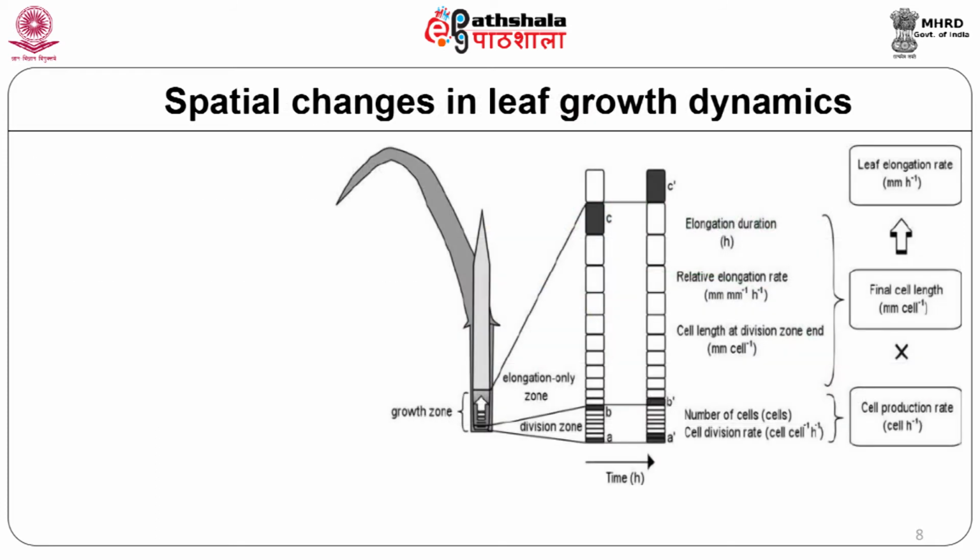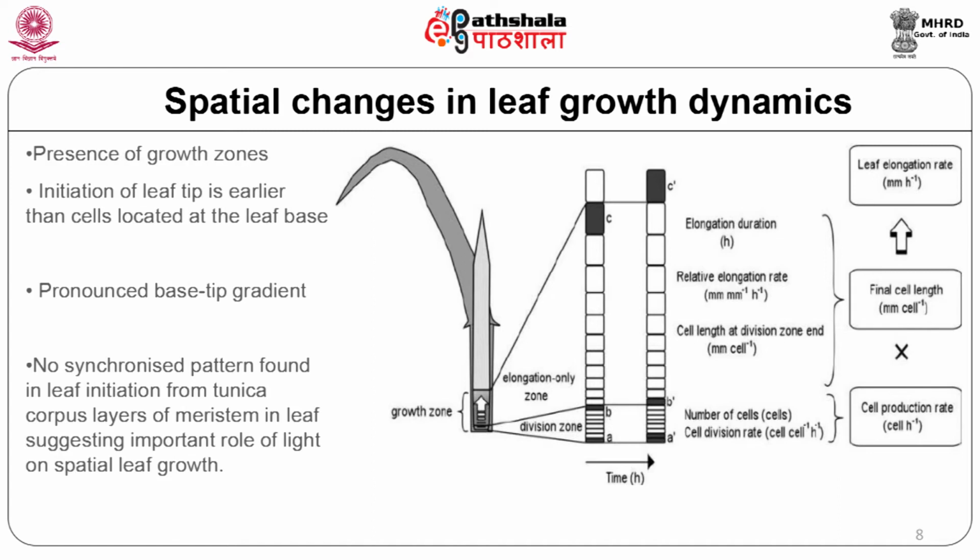Besides such temporal dynamics, leaves of dicotyledonous plants also show spatial changes in growth dynamics. Leaves possess growth zones that extend in two dimensions and do not show a clear distinction between dividing and expanding tissue. Cells of the leaf tip are initiated earlier than cells located at the leaf base.